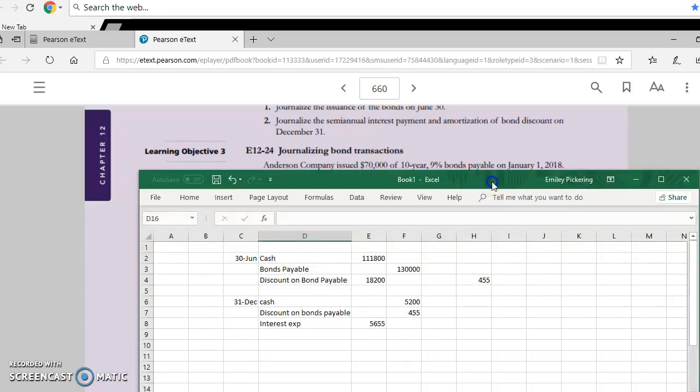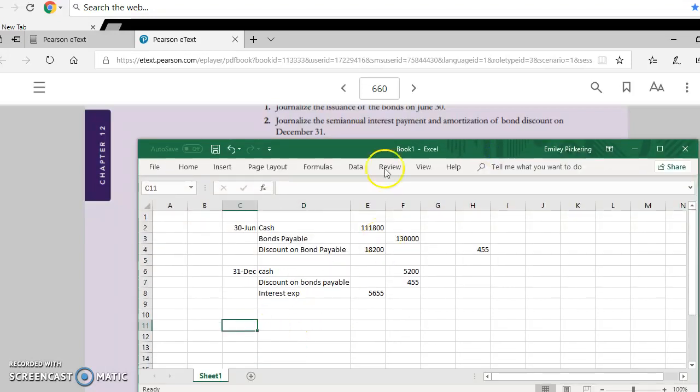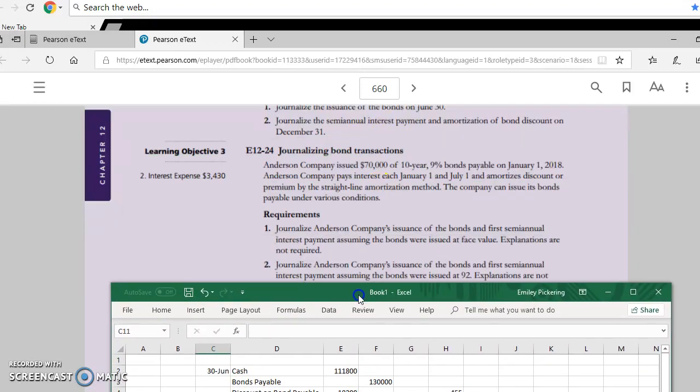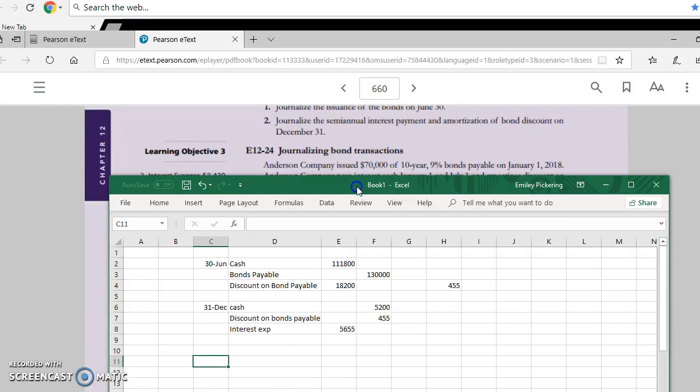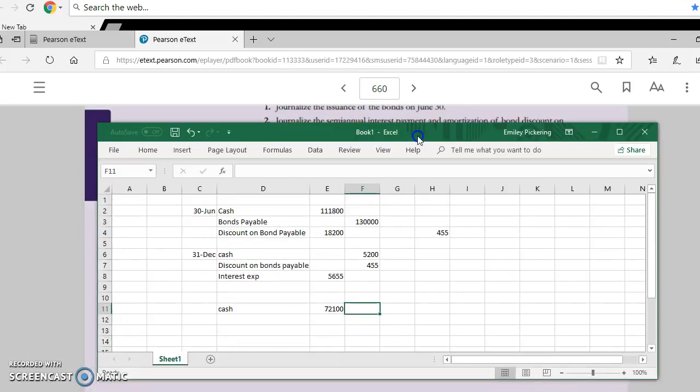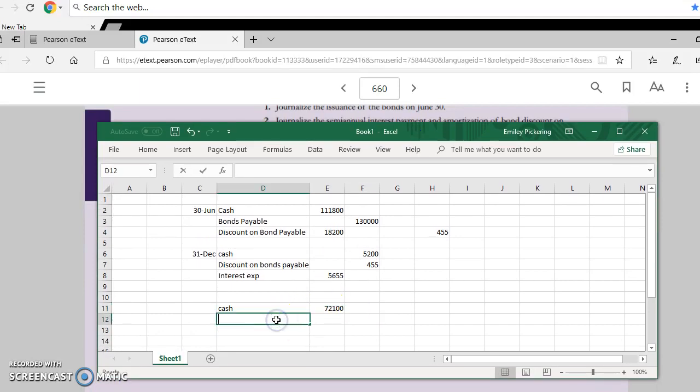So it's the same theory. Let me go ahead and do this one now. So let's figure out how much cash we're going to receive. It was a $70,000 bond, and it's at 103%. So I'm actually getting $72,100.